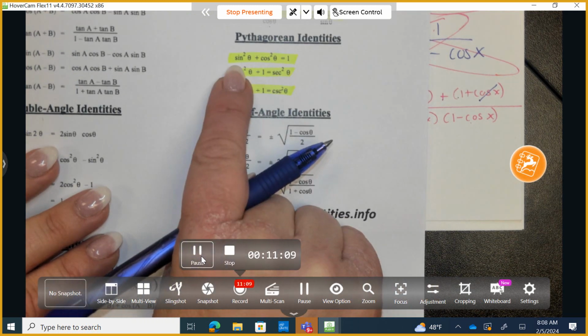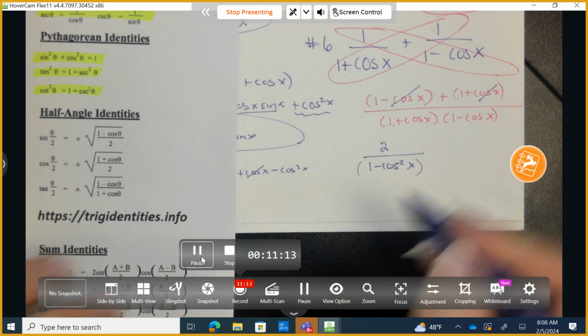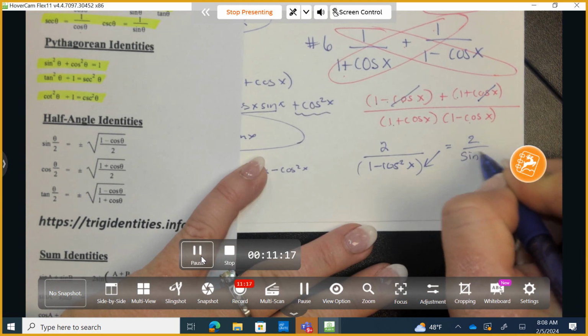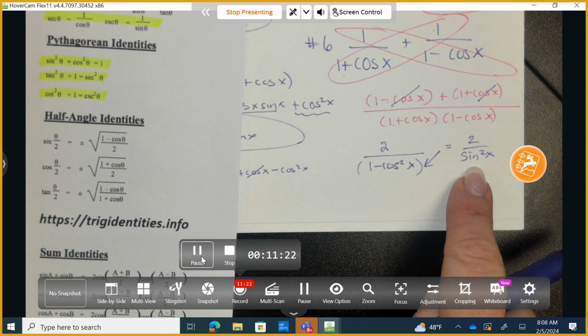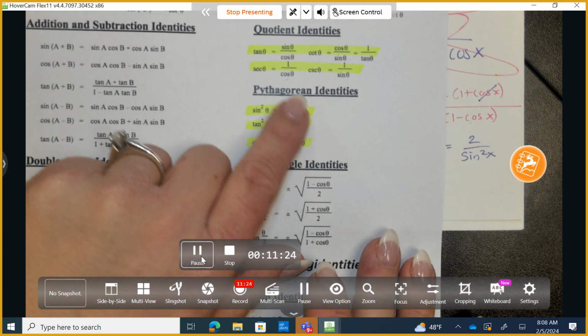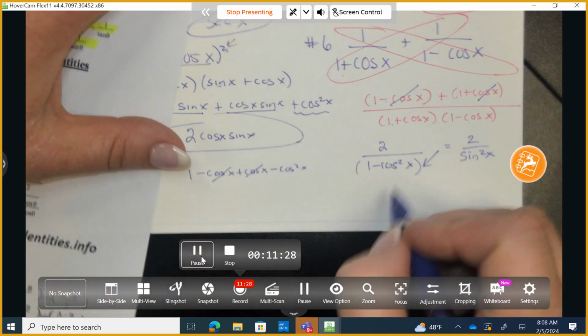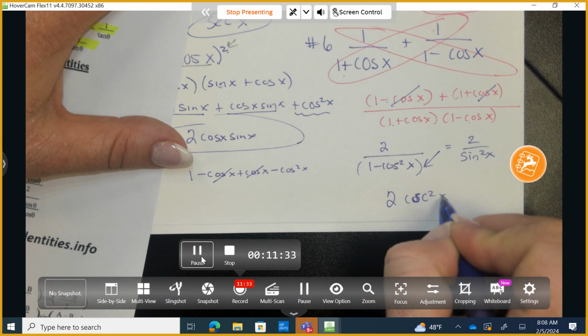So sine squared equals 1 minus cosine squared. So I can replace this portion with sine squared. So 2 over the sine squared x. And although that's not wrong, having sine in the denominator is equivalent to what? Having sine in the denominator is equivalent to the cosecant. So I have 2 times the cosecant squared x.